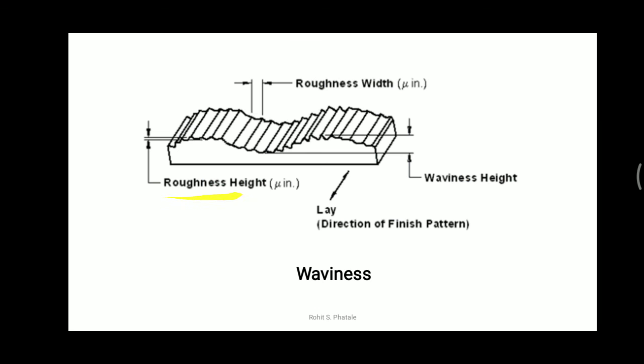Then this is the waviness height in micro inches. You can see the distance between crest and depth, or peak and valley, is nothing but the roughness height, and the roughness width is the successive distance between the peaks of two waves.